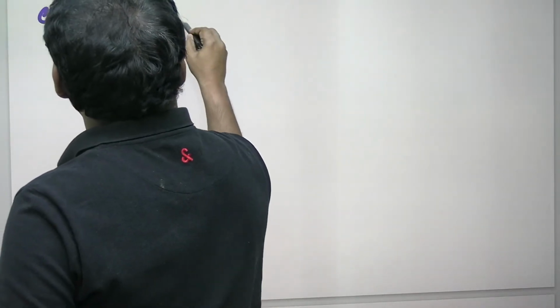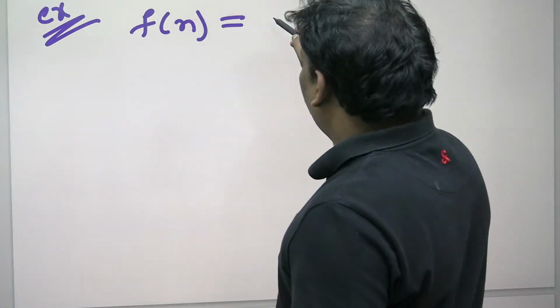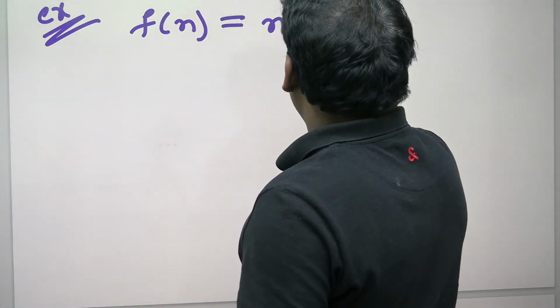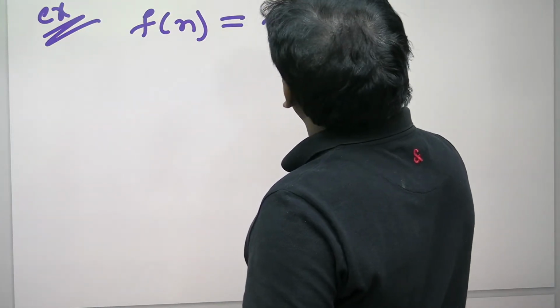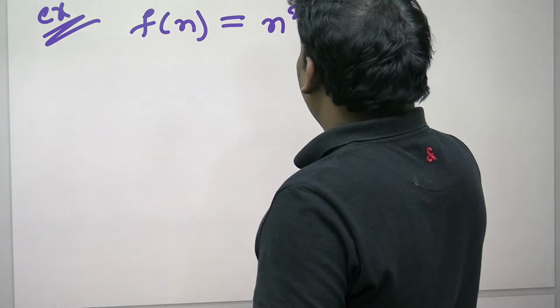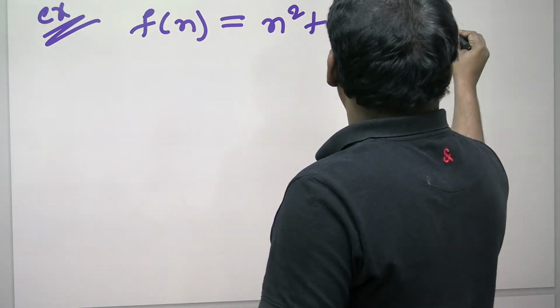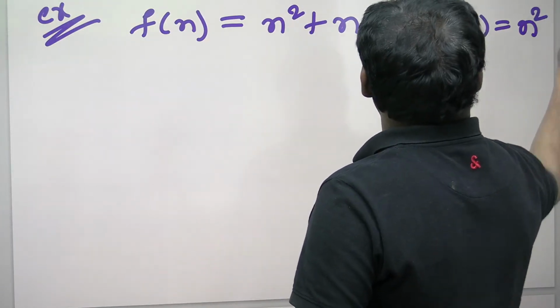f of n is equal to n square plus n plus 10. g of n is equal to n square.